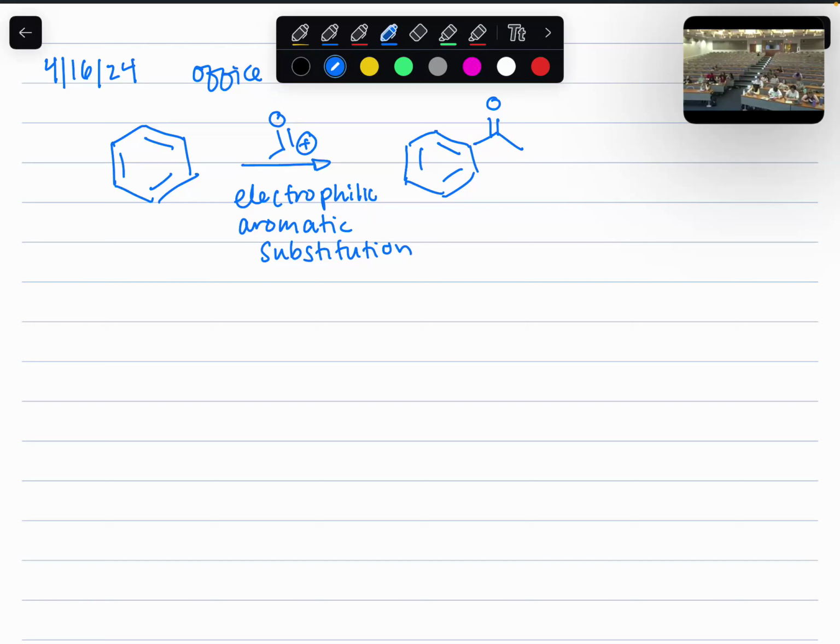So we have the two things we need for electrophilic aromatic substitution, right? We have an electrophile, a cation or a positive charge is going to be electron deficient. So we have our electrophile, our benzene is aromatic. So when we add to that benzene ring, the faster step is going to be losing the proton to restore aromaticity.